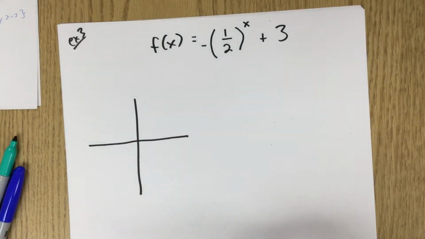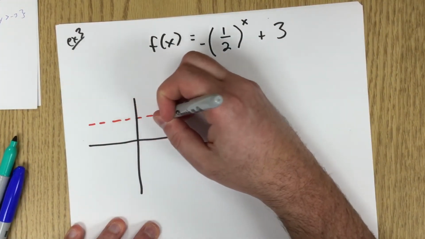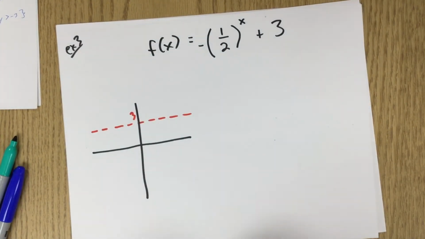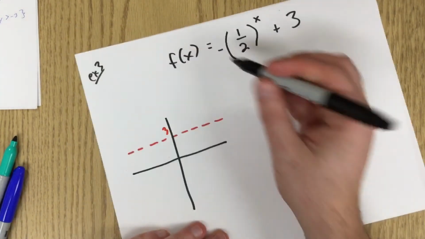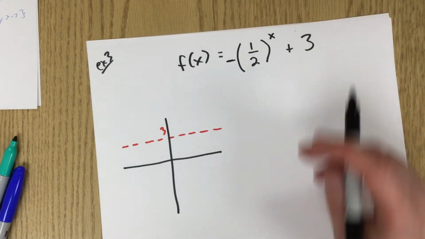So it's gone up 3. So the asymptote is going to be at 3. Now, we have a minus here. I'm not sure if I made it that clear. We have a negative, and we have the half.